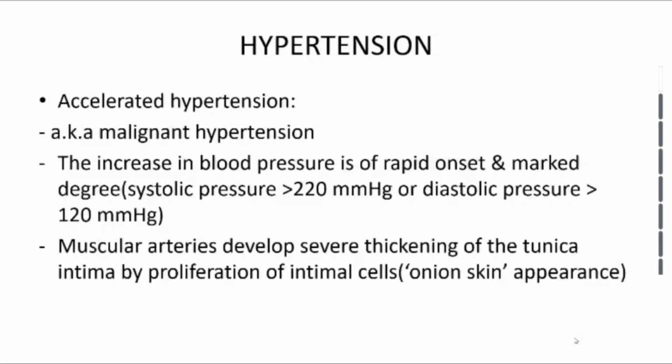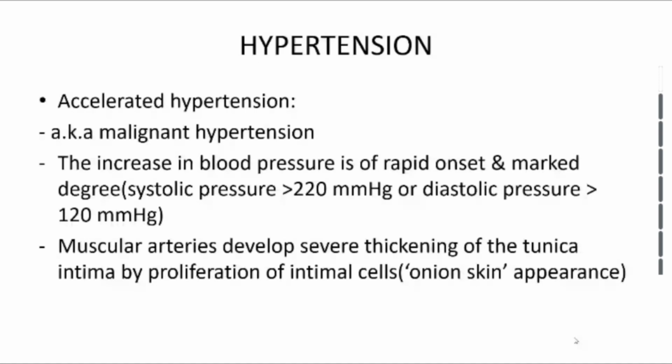Then we have what we call accelerated hypertension, also known as malignant hypertension. So you can call it accelerated hypertension or malignant hypertension, as opposed to the other hypertension that is not malignant or accelerated. In this case, the increase in blood pressure is of rapid onset to a marked degree. So the increase in blood pressure is very fast, very rapid, and to a marked degree.